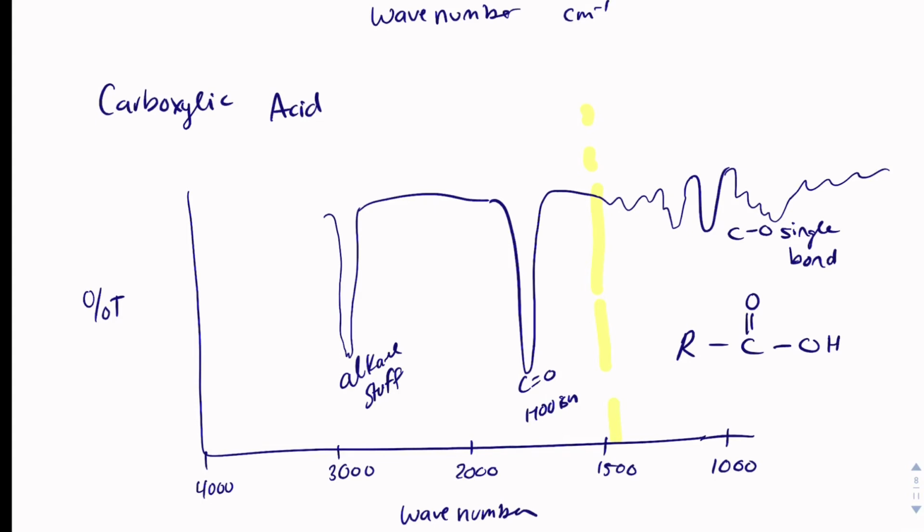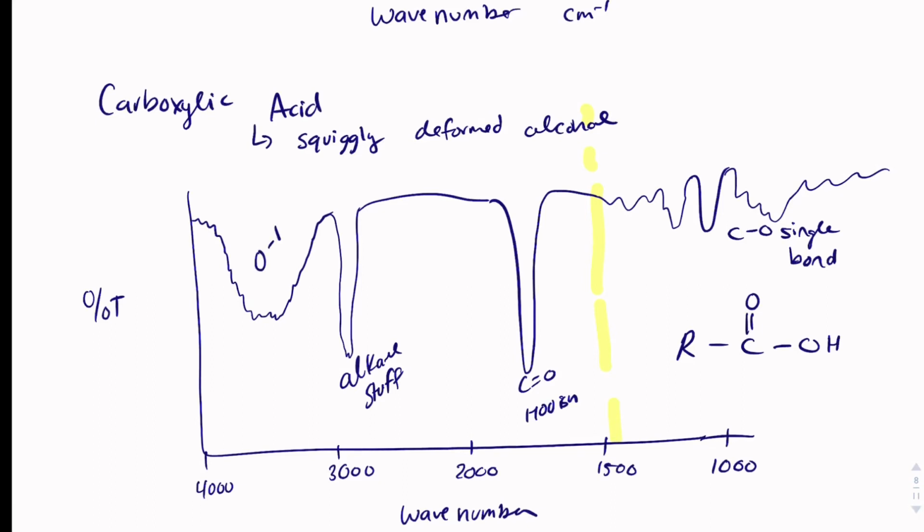So I always say we are going to get a squiggly, deformed alcohol. So if you remember me saying an alcohol group is very parabolic in nature, well, let's take that parabola and make it squiggly and deformed, and that's probably what a carboxylic acid alcohol is going to look like. So it'll still have the general shape, but it's going to be deformed. Okay.